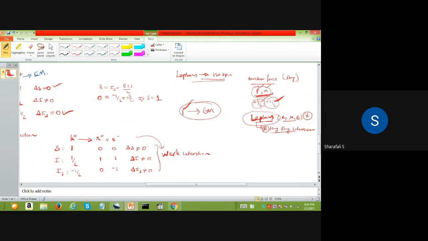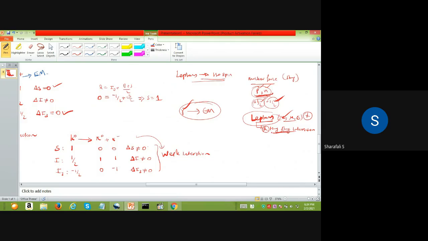We can say that because no strong interaction is happening; they interact only through weak or electromagnetic interaction. In those cases, we can distinguish them through their charges. So for leptons, we do not apply isospin.